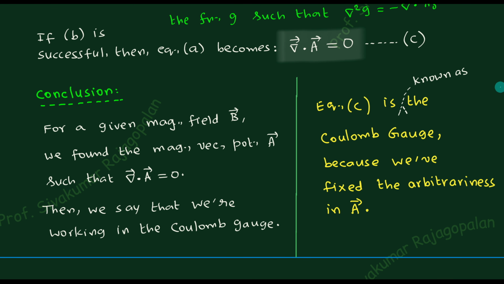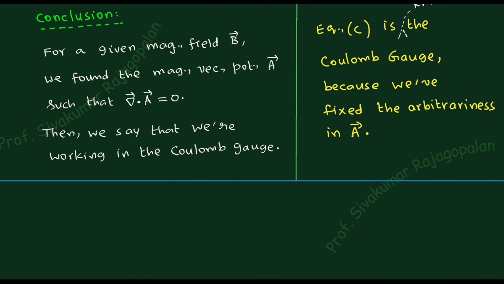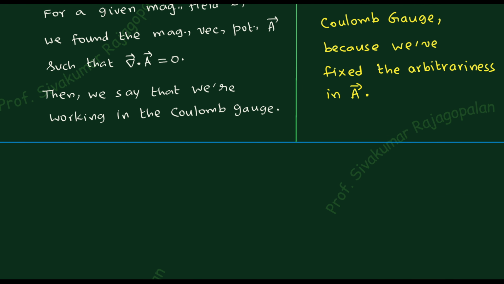So it's all fine. So what happens? Finally, if del dot A equal to 0, let us see what the important consequence is. I'll write down the consequence of having the divergence of A equal to 0.